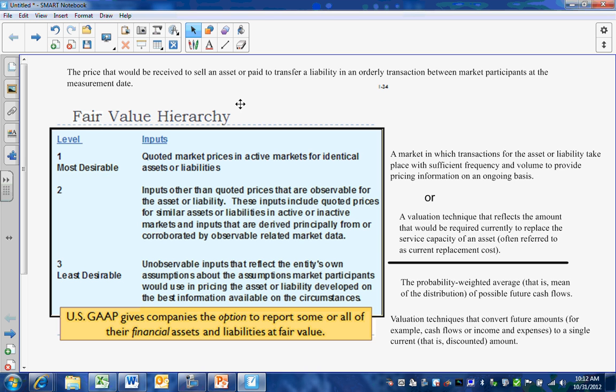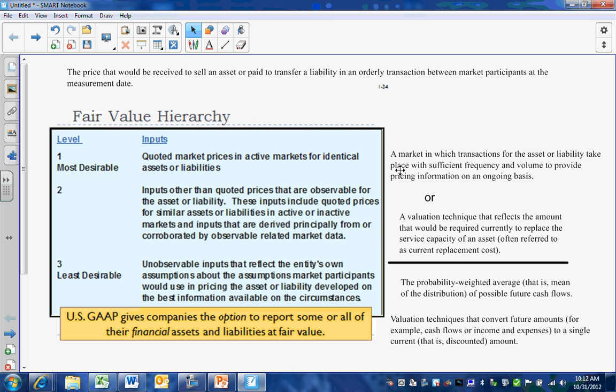In topic 820, GAAP lays out a hierarchy, and they put 3 levels in this hierarchy. The first and most desirable is where we have an active market.